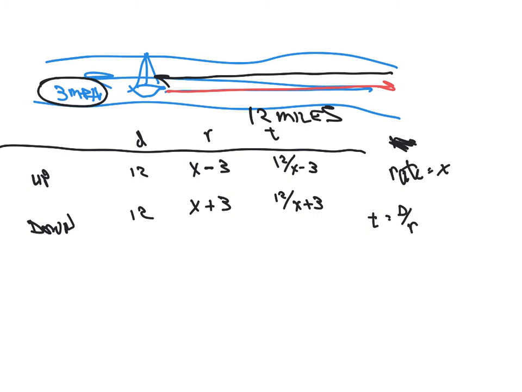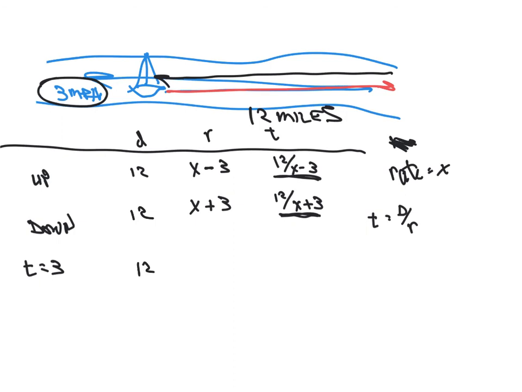So it tells us that our time to go up the river, and then back down, you add those two times together and you get 3 hours. So our time up the river plus our time down the river is going to be 3 hours.